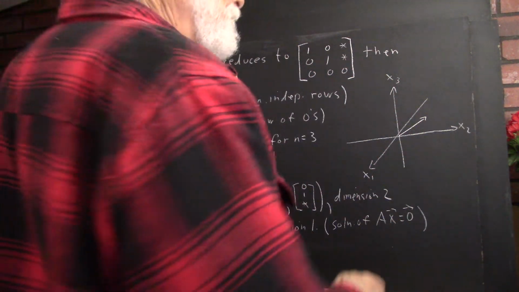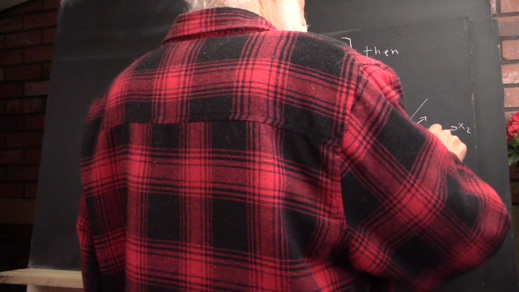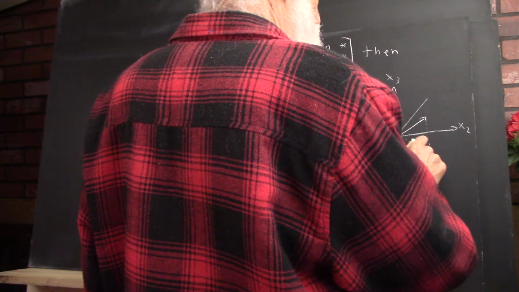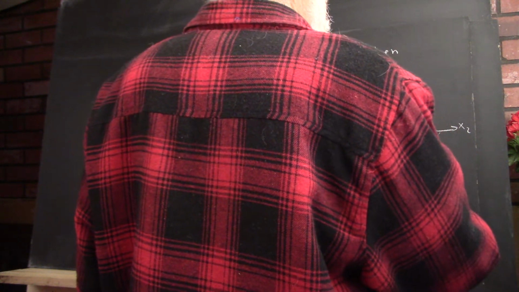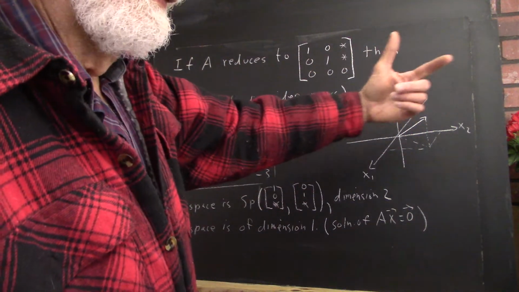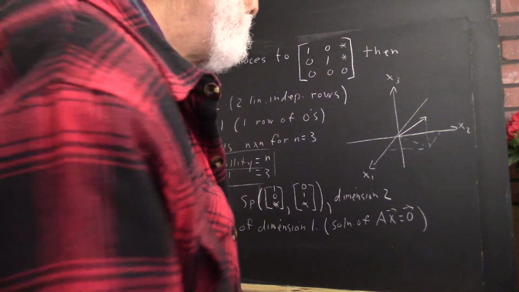And where is this vector? Well, to see where this vector is, we kind of have to maybe project down into the XY plane, and now we see that it comes out into the first quadrant, goes up, so we can kind of see where that vector is.